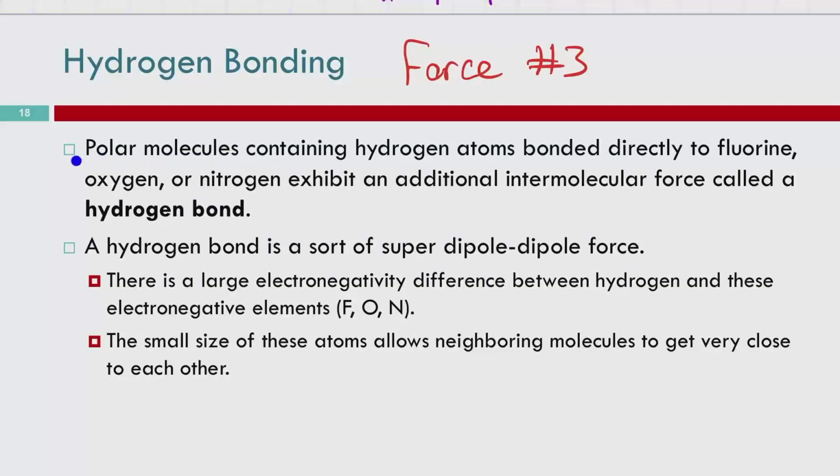Polar molecules that have hydrogen atoms bonded directly to fluorine, oxygen, or nitrogen exhibit an additional or third intermolecular force called a hydrogen bond. The name is a little bit misleading, perhaps, so it's important that you know in your brain what hydrogen bonding is talking about.